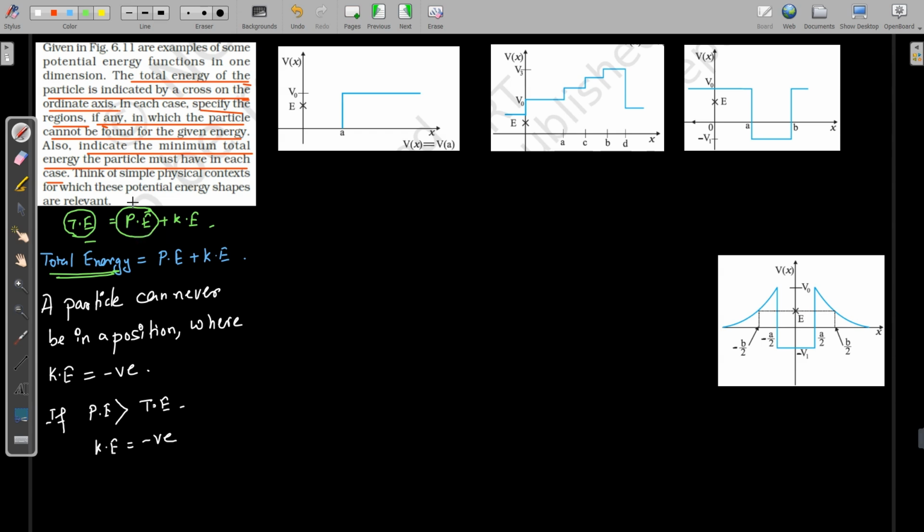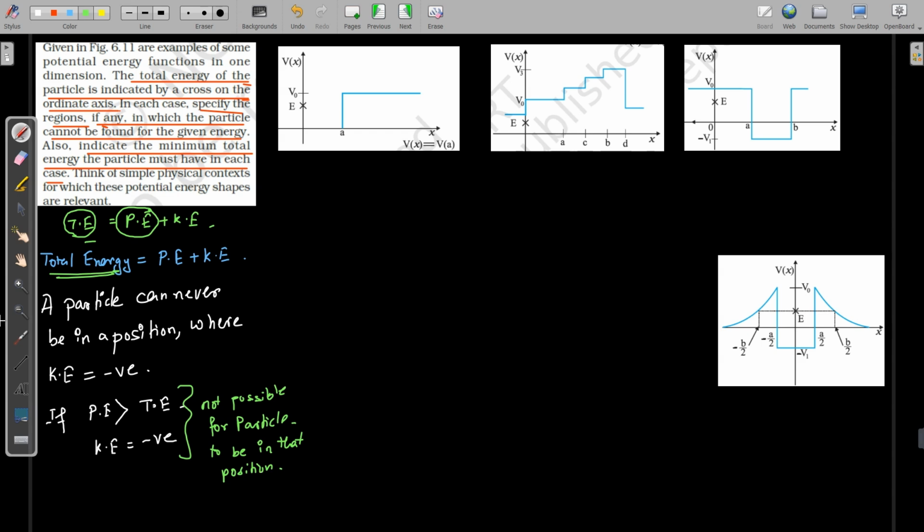By any chance, if potential becomes more than total energy, kinetic energy becomes negative, right? So this is the condition not possible for a particle to be in that position. So a particle cannot be in that position if potential energy is greater than total energy.